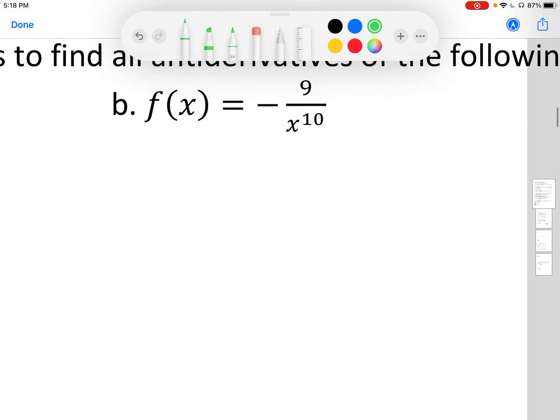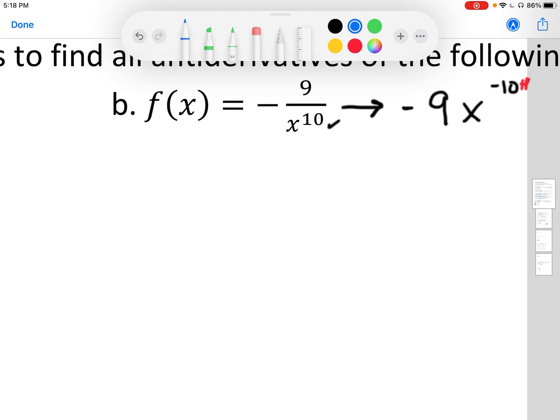Next example, let me change it to an exponent that's negative. So that I have negative 9 times x to the negative 10 power, so that I can deal with that denominator differently. Okay, so to undo that subtraction that I do with derivatives, I would want to add a 1. And that is for my antiderivative.